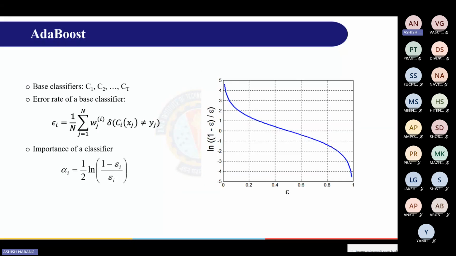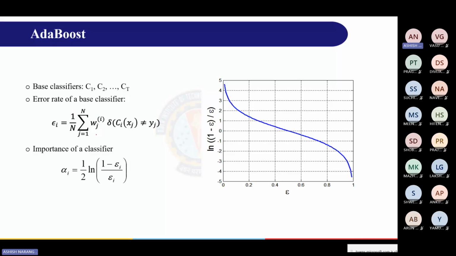AdaBoost is one of the techniques which follows boosting. There are base classifiers C1, C2 up to CT. The error rate of the base classifier is given as this, a weighted sum average. And this is the importance of a classifier. If you look at the error, the importance of the classifier is high when the error is low.